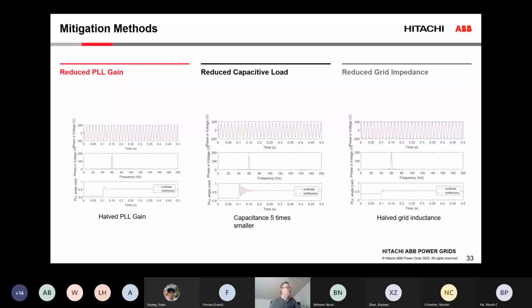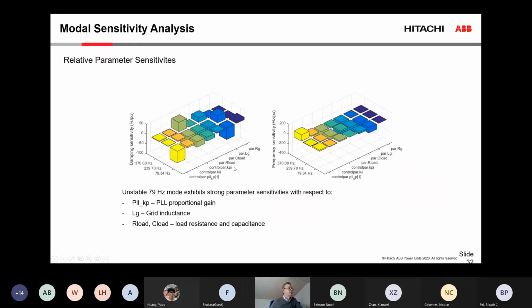So from this parameter sensitivity, we can just validate that it works. If I select the PLL gain and reduce it to half its value, we see a nice, stable, well-damped PLL response. We could also see from this part here that this bar tells me that if I were to increase the capacitive load further, I would get worse damping.